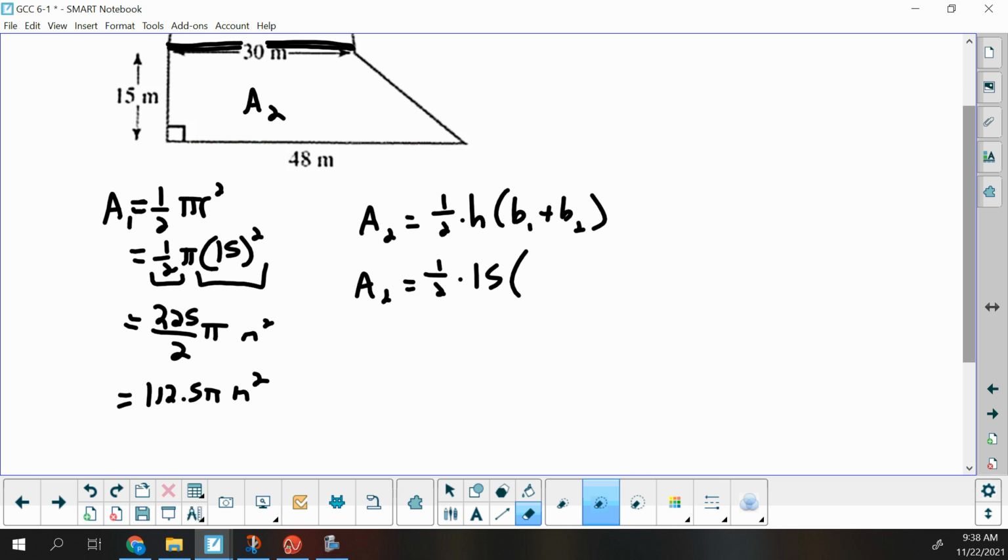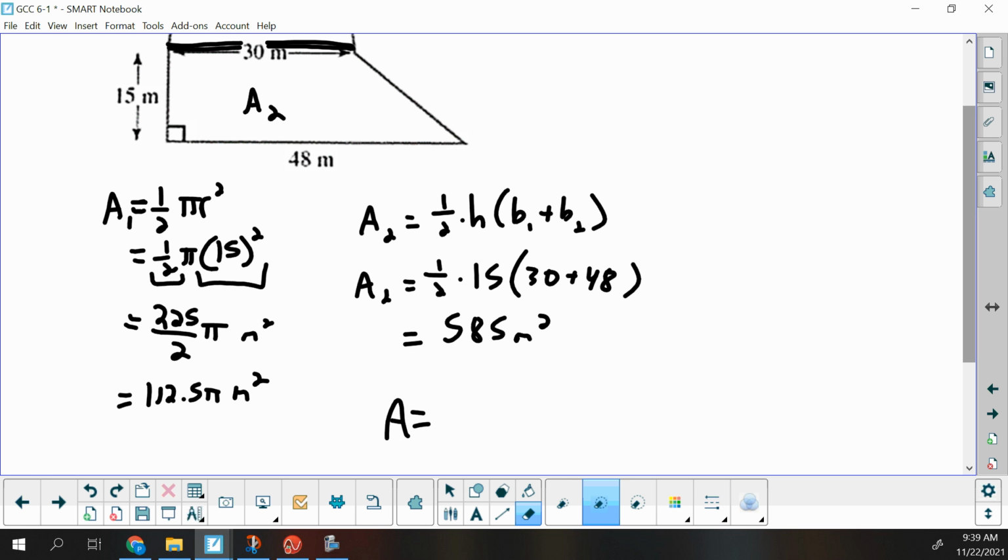Base 1 plus base 2, it doesn't matter which you use for which, so we'll do 30 plus 48. And take a moment, type that in your calculator. We should get 585 meters squared.